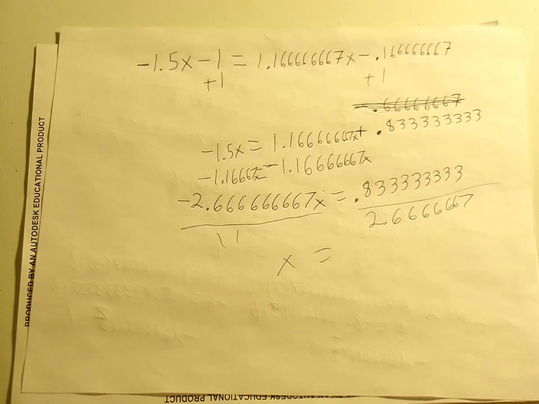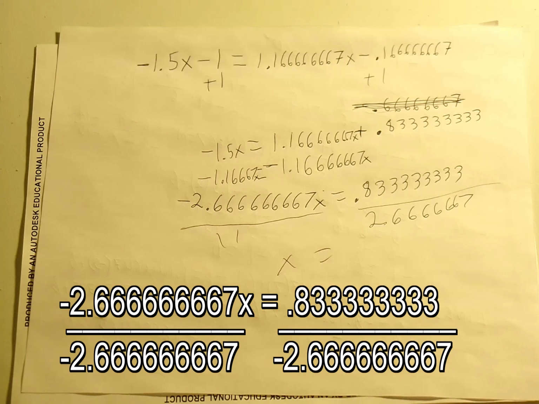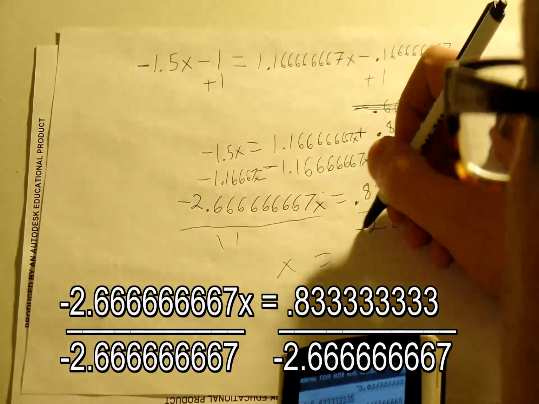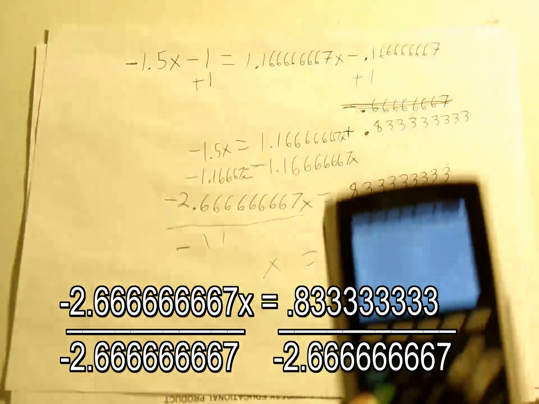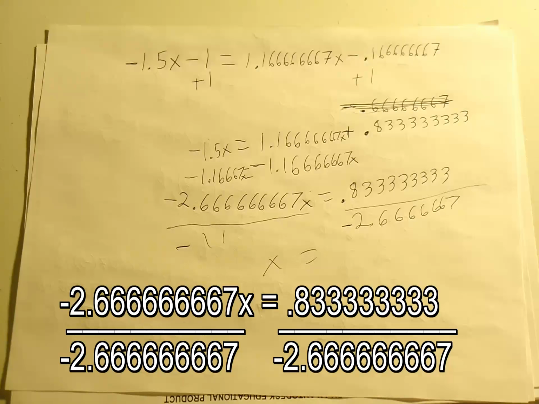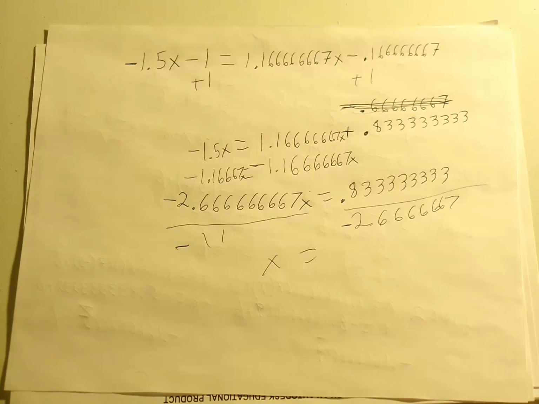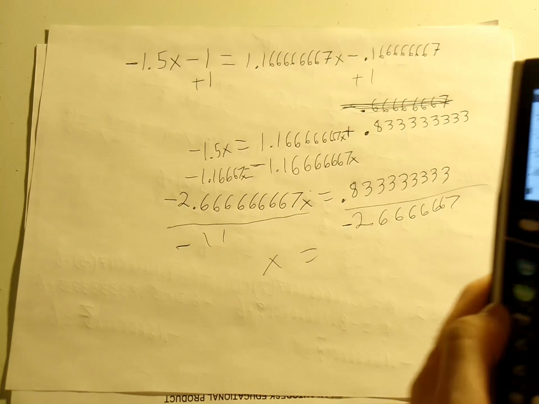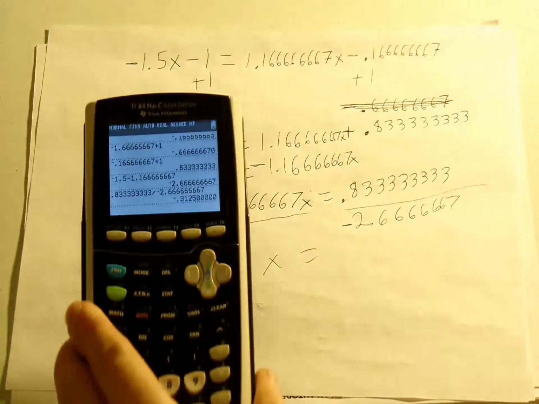So now we divide the negative 2.6 repeating from both sides of the equation to isolate the x, get the x by itself. And get ready, drum roll please. Actually, please don't, no drum rolls. And again, that's a negative.